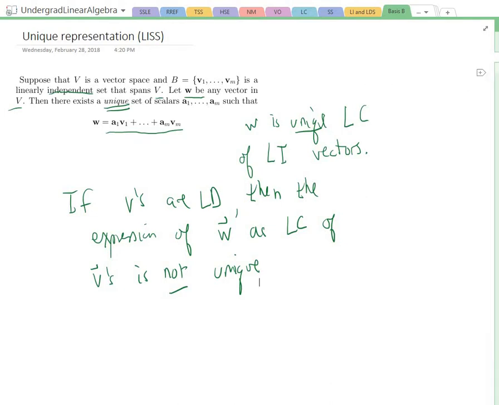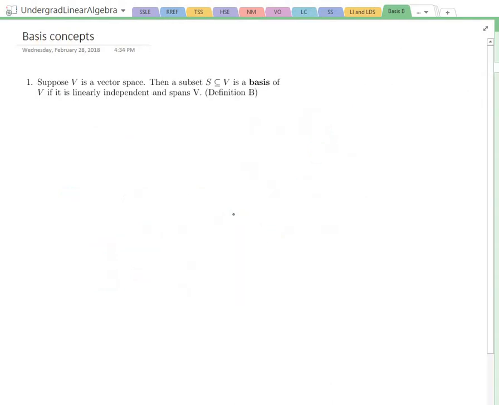That brings us to the idea of a basis. A subset S of V is a basis of V if it's a linearly independent set and spans V. Let's think of some examples, just a very simple example. Let's look at P1, the polynomials. That's equal to the set a plus bx, where a and b are complex numbers, or real numbers if you want a real vector space.